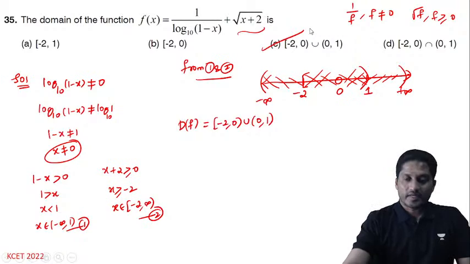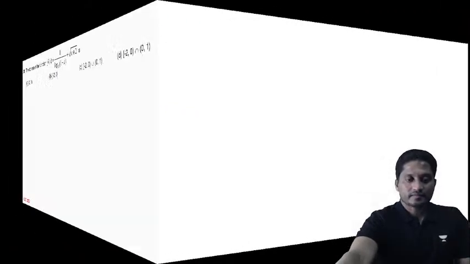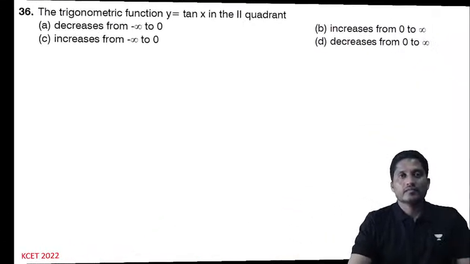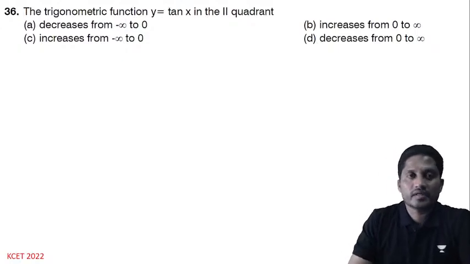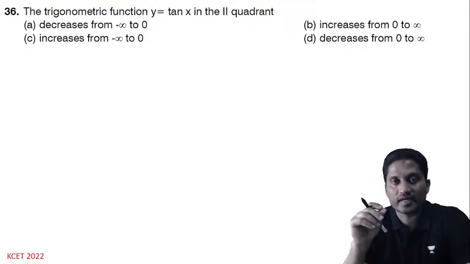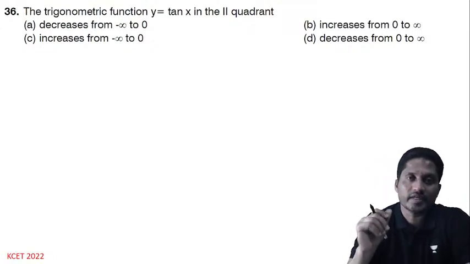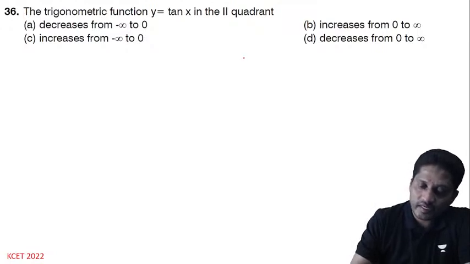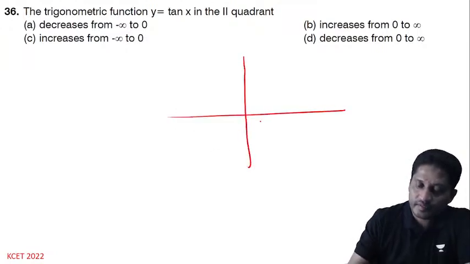Alright, let's move to the next question. The trigonometric function y is equal to tan x in the second quadrant. See, the range of tan is minus infinity to plus infinity, any real number, and this is the tan graph. Tan 0 is 0, tan pi is also 0, and here you get pi by 2, which is not defined.